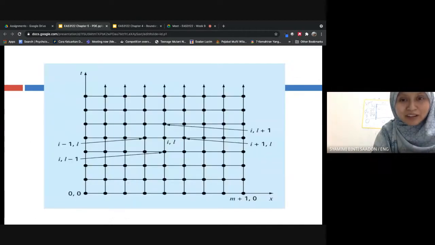So it gets more complicated because now the heat transfer process depends on time. We have another unknown, another axis, which is time, so x, y, and t. Here the node for time is written as L. So L is the time, and i is still the distance x.